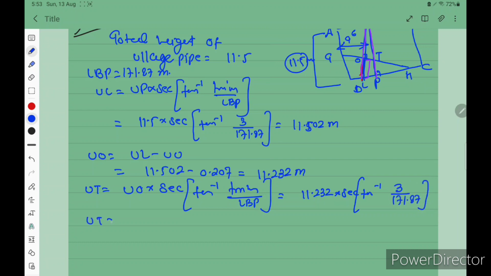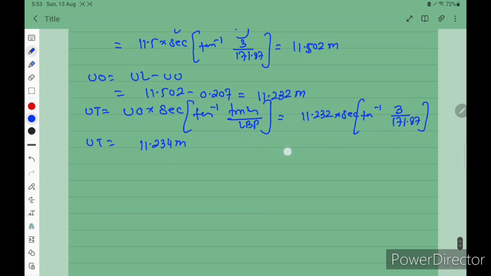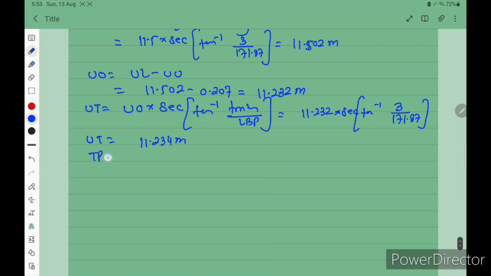So we get UT is equal to 11.234 meters. So we can find out TP, which is UP minus UT. So 11.5 minus 11.234, we get 0.266 meter.